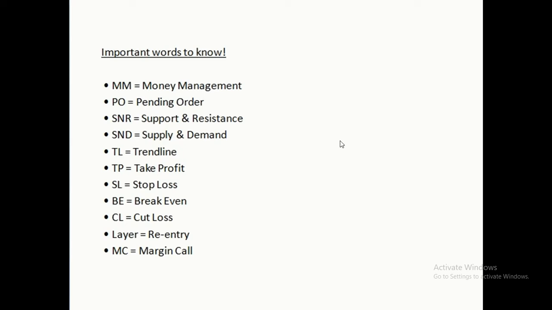Likewise, we have stop loss. Stop loss is a price we have already preset before our trade goes active. So we are telling the trade that it should close, assuming the trade is not making profit, the trade is reversing and going towards making loss. So by the time the price hits that particular point we have already set, the trade will close in loss automatically.